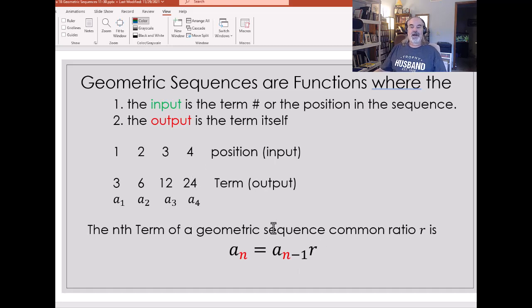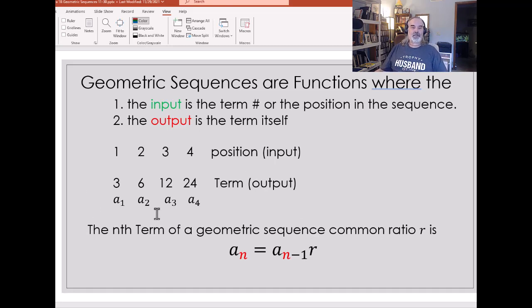Now, the thing at the bottom here is a little cryptic until you see what's happening. This is just the tidy descriptor of what's going on. So the red n, the subscripts, n and n minus 1, those are the counters of the number that we're on. Are we at the first number? Are we at the second number? Are we at the third number? So a with a little 5 as the subscript is the 5th number in the list. The value r that's in that recipe is the number that we're multiplying every number by to produce the next number in the list.